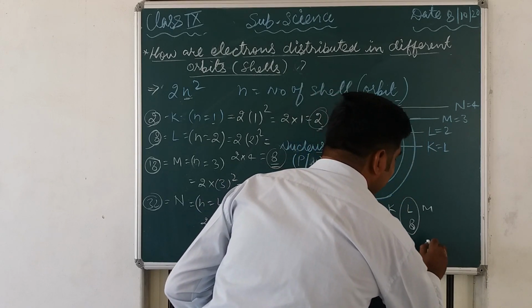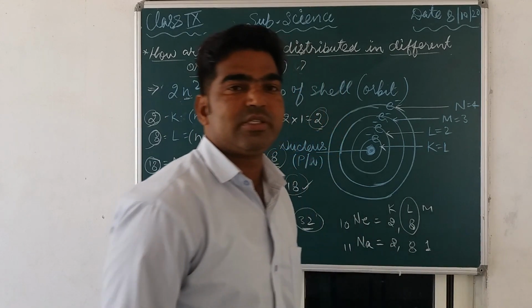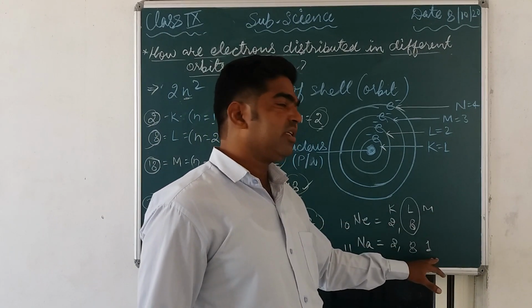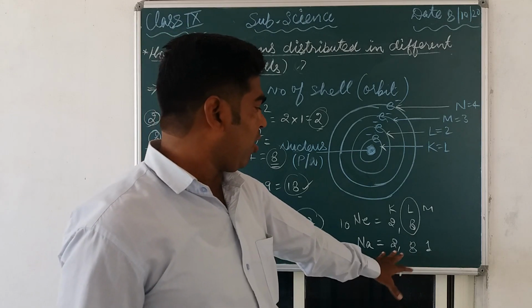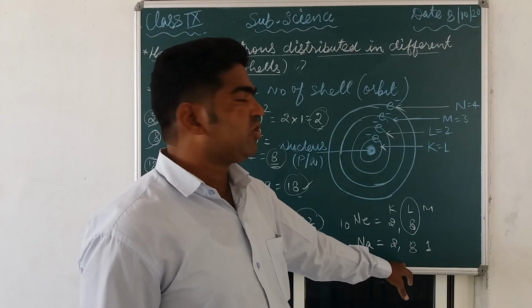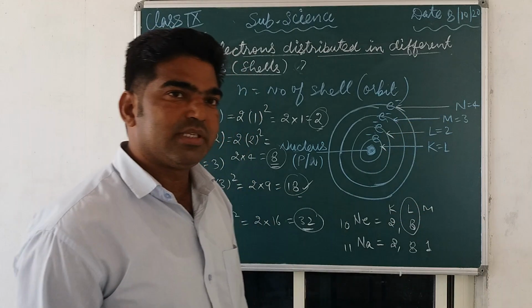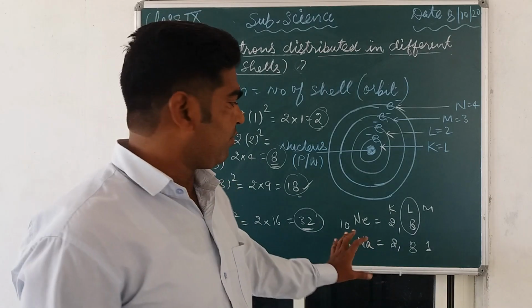So in the outermost cell how many electrons are there? 1 electron. It means it does not complete its octet. Up to here it is complete. These are the ways in which we can fill the electrons in K, L, M cells, and this is called the distribution of electrons or electronic configuration.